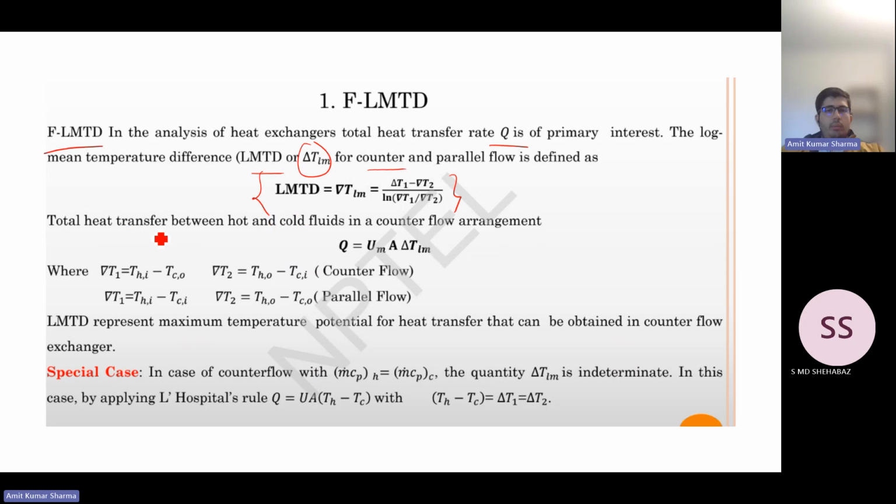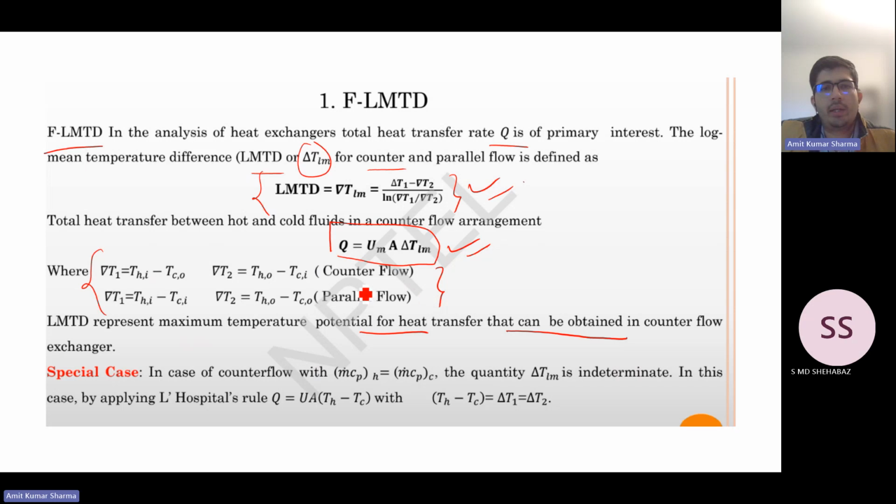The total heat transfer between hot and cold fluid in a counterflow arrangement is like this: Q equals Um A del Tm. I think in our numerical we have used this formula, and these also. So you can calculate the LMTD. Basically, LMTD represents the maximum temperature potential for heat transfer that can be obtained in a counterflow exchanger. So there are also some special cases.